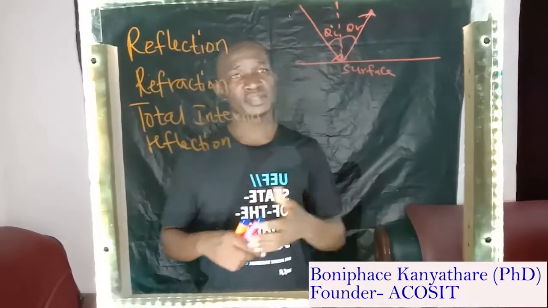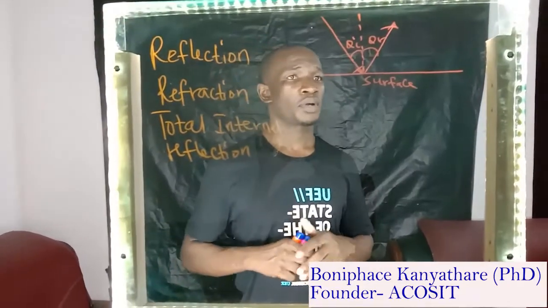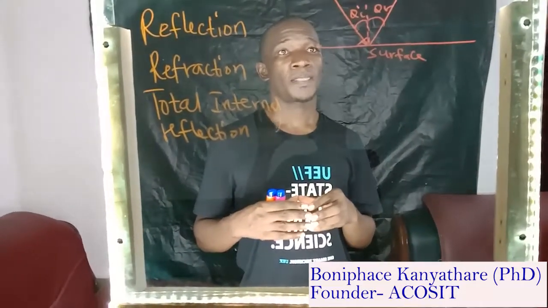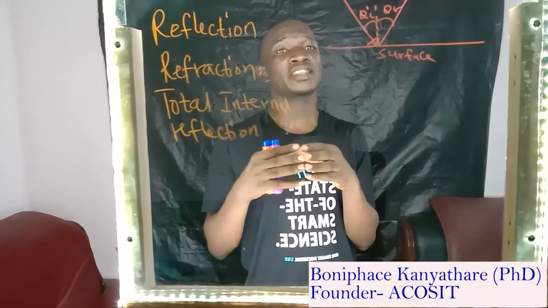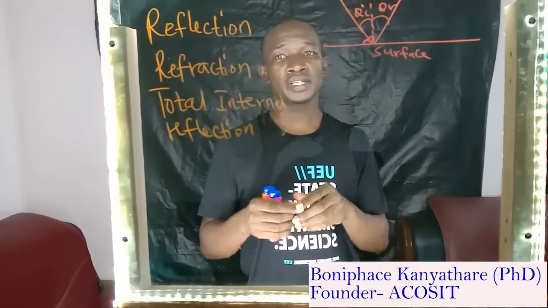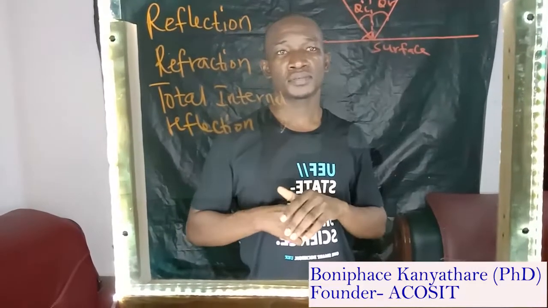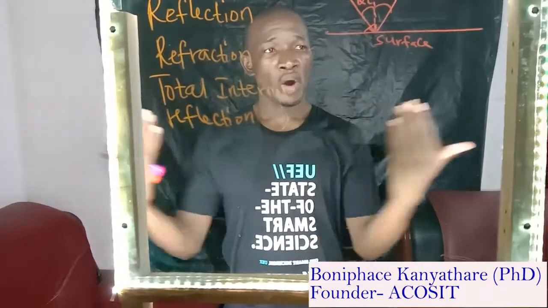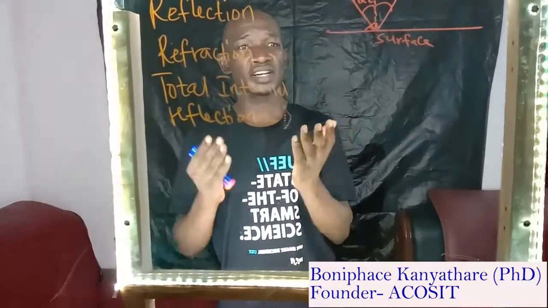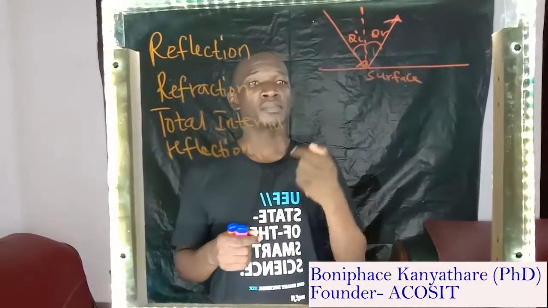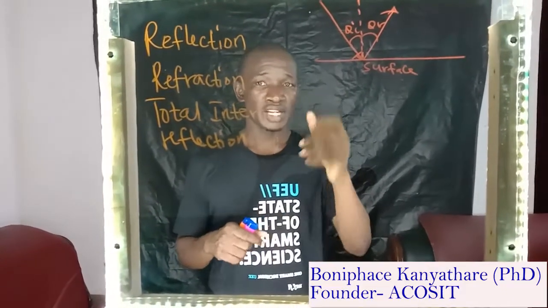When light bounces on a medium such as glass, which is transparent like this, we know if the glass is transparent, light passes through. But if we have a mirror, for example, where one side of the glass is covered, then light will be reflected back. A large amount of light is reflected back.